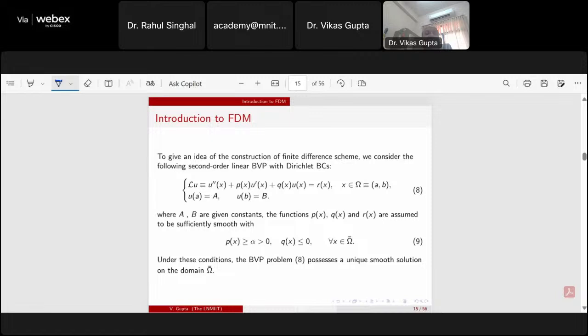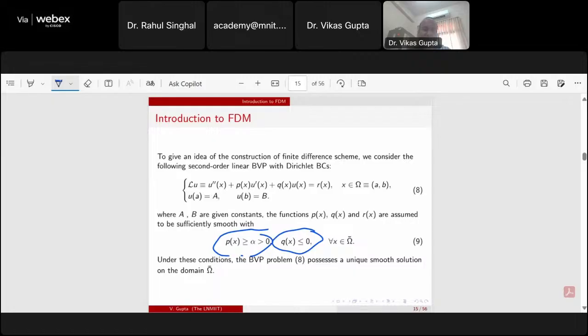The differential operator is given by L, where coefficient functions P and Q are assumed sufficiently smooth, and also we assume that the coefficient function P(x) is bounded below by a constant alpha which is greater than 0 and Q(x) is less than or equal to 0. Later on, I will discuss why I am imposing these conditions on the coefficient functions P and Q.